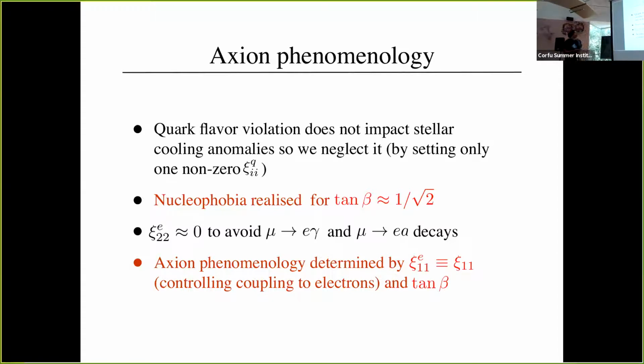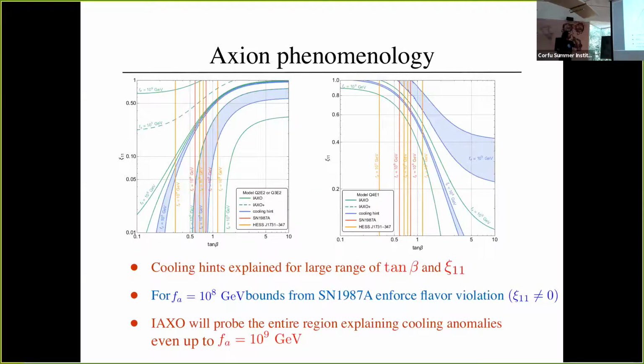Otherwise, mu to e gamma and mu to e axion decays would kill the model. So eventually, axion phenomenology is determined by one parameter, psi11, which controls coupling to electrons and flavor violation, and tan beta. So these are the predictions for axion phenomenology for 2 of those models.